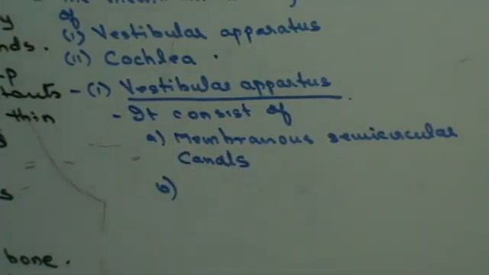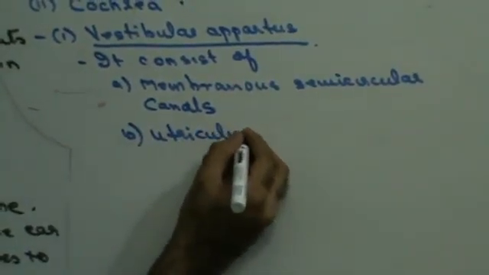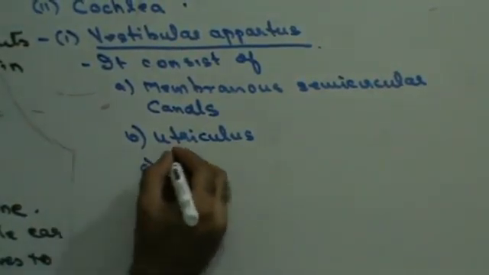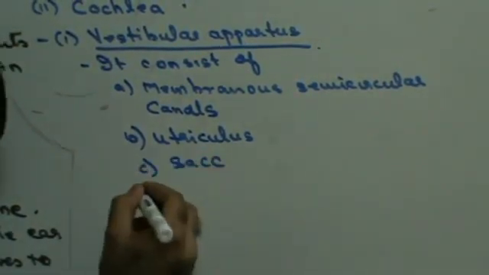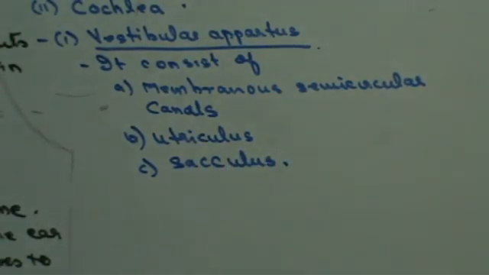Then it is made up of something called the utriculus, and it is made up of the sacculus. These are the three things that the vestibular apparatus is made up of. Okay.